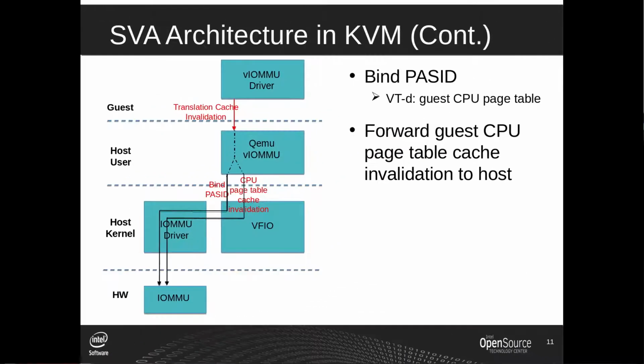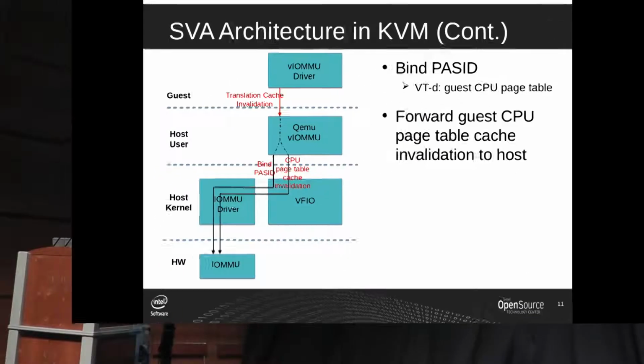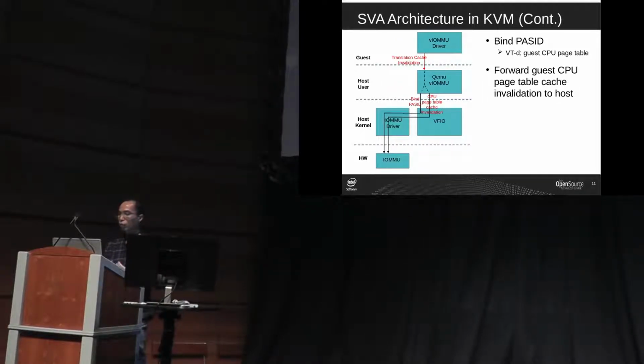Second, since the guest owns the CPU page table, there is some cache invalidation according to the guest CPU page table. We need to forward such invalidation to the host, so that the host can do cache invalidation and keep the cache at the latest version.